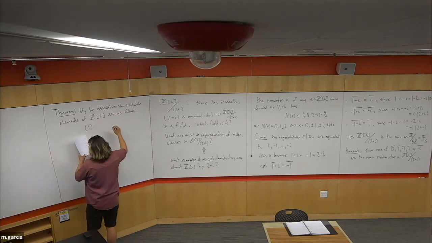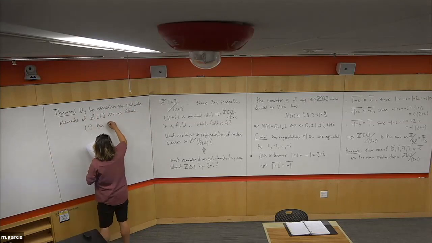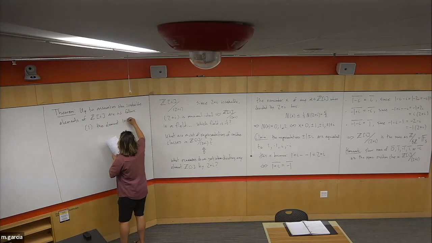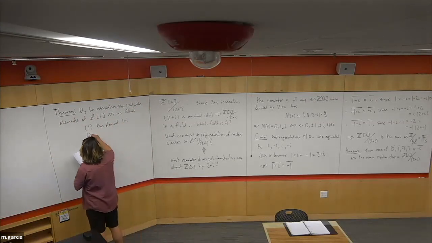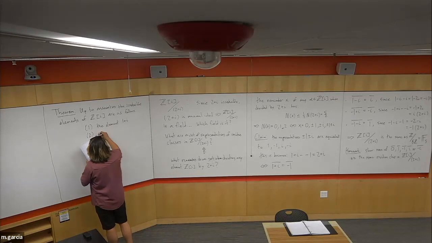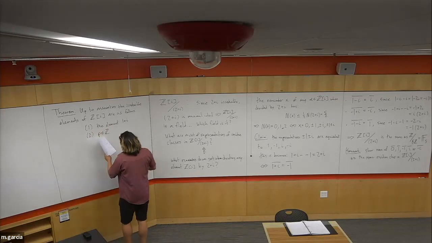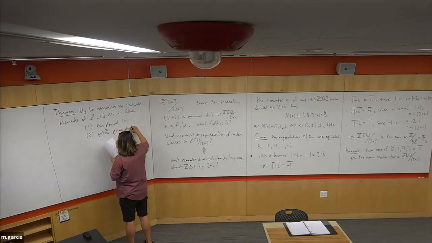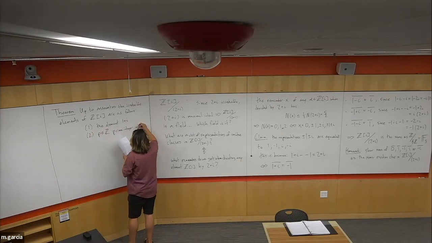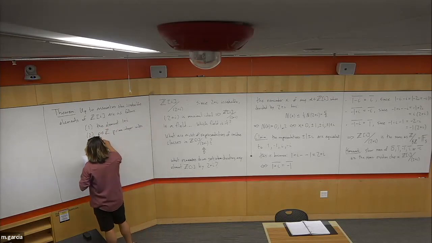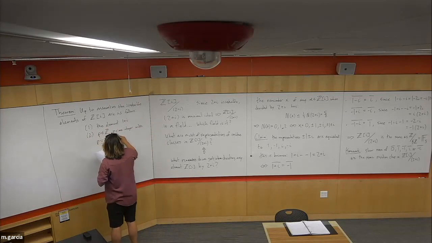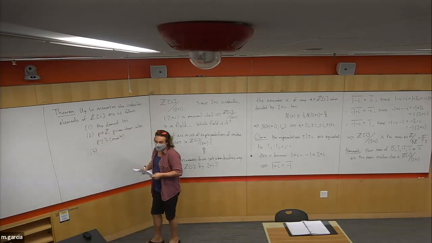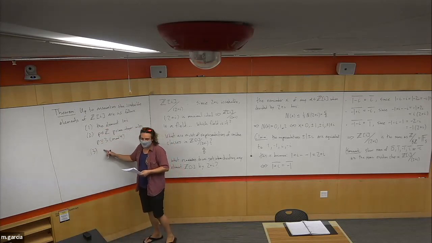Okay, 1. The element 1 plus i. 2. p in Z, a prime integer with p congruent to 3 mod 4. You may remember this from the last homework assignment. It's a bonus question, this third thing I'm about to say.